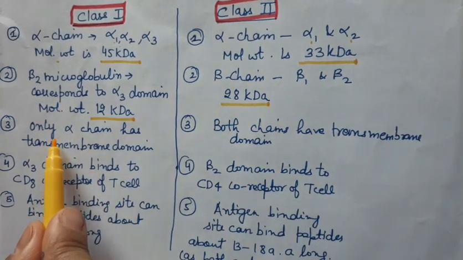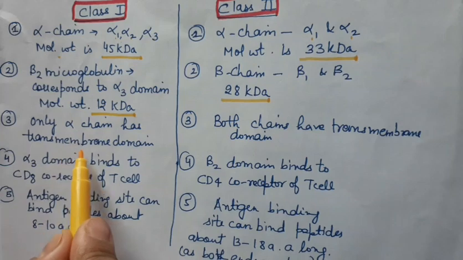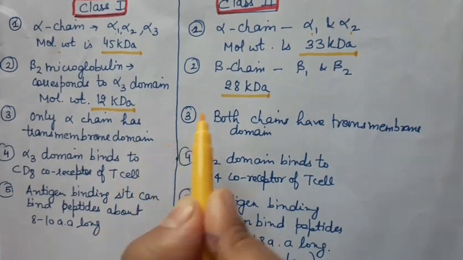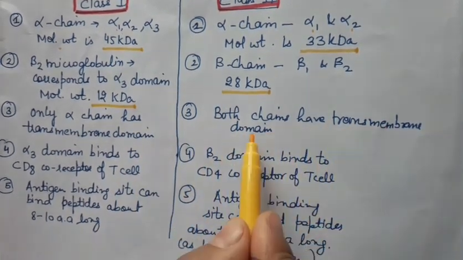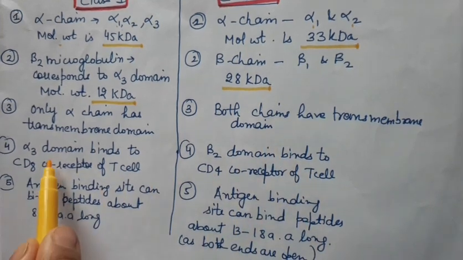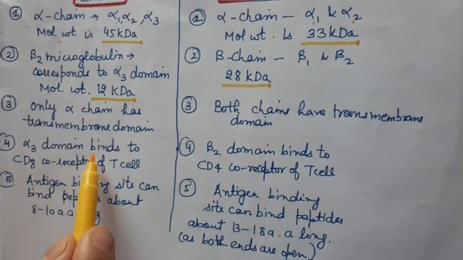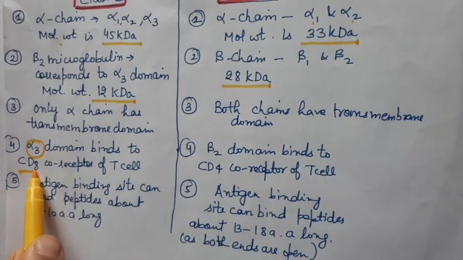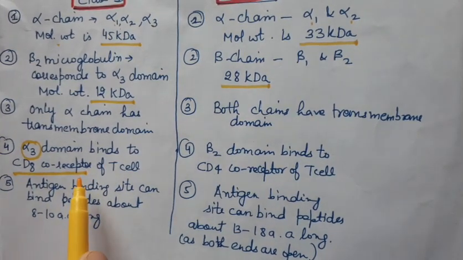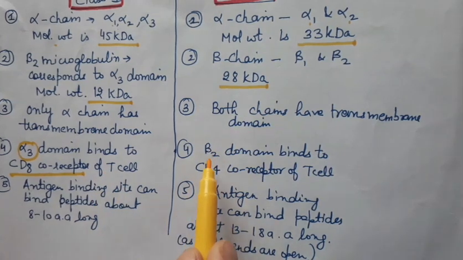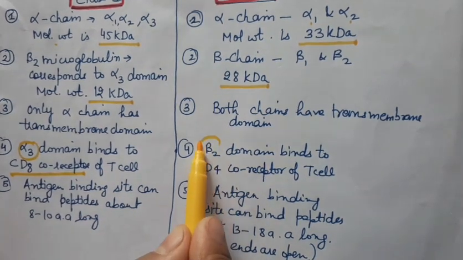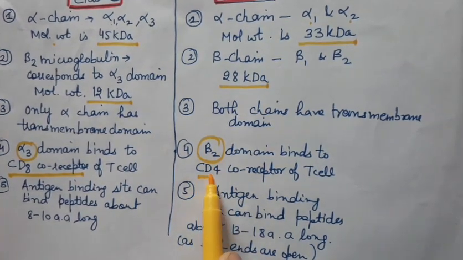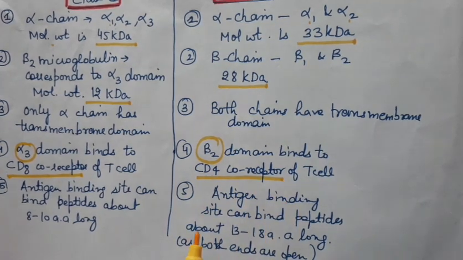Now in case of class 1, only alpha chain has transmembrane domain, whereas in class 2, both chains have transmembrane domain. In class 1, alpha 3 domain binds to CD8 co-receptor of T cell, whereas in case of class 2, beta 2 domain binds to CD4 co-receptor of T cell.